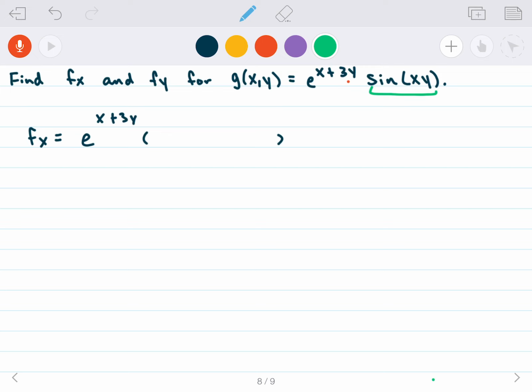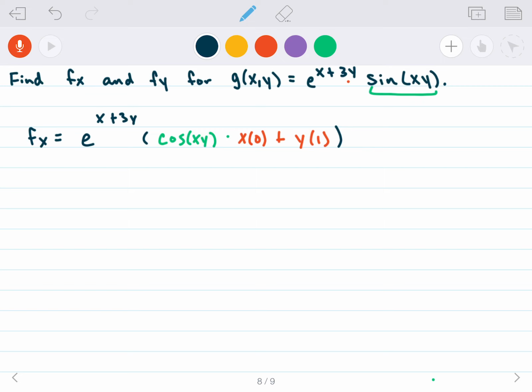So we're using chain rule here. So the derivative of sine of xy is the cosine of xy times the derivative of xy. Well, for the derivative of xy, keep the first times the derivative of the second, which is 0, right? Derivative of y is 0. Plus, now you keep the second, y, times the derivative of x, which is 1. So we just used the chain rule here.